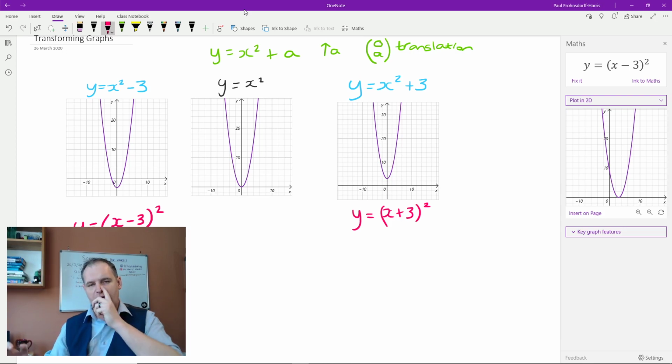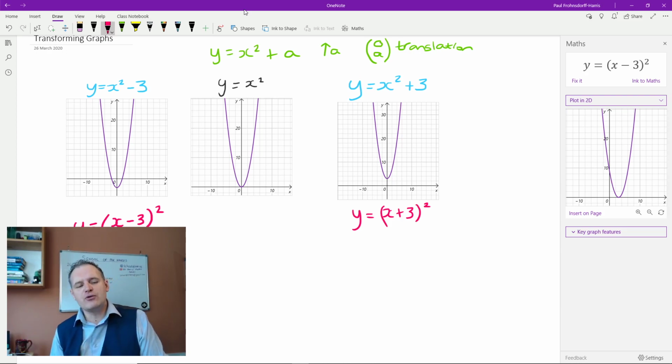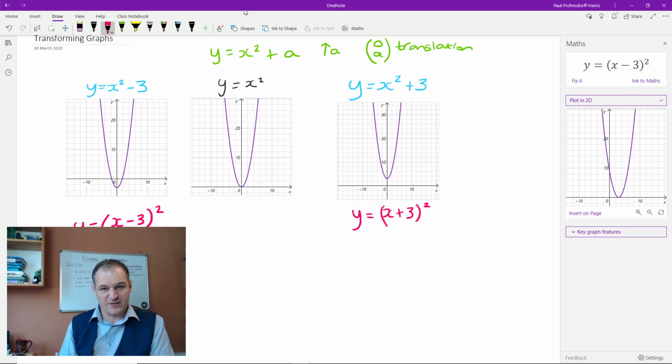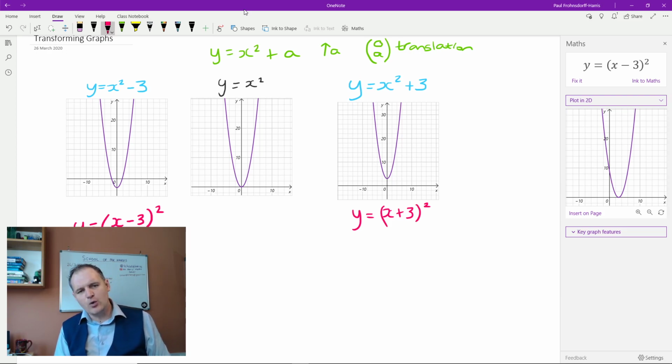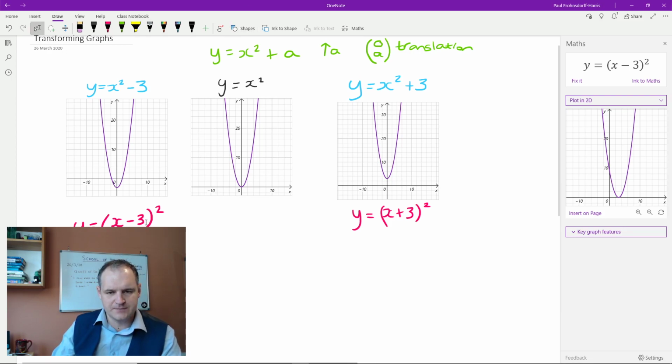And in doing so, it means the input we have got here is 3 earlier than we would expect. So an input of 3 gives us effectively an input of 0. An input of 6 is now an input of 3. Everything is happening later than it should. So we're still getting the same set of outputs, but we're getting them only when x is 3, which means it moves to the right.